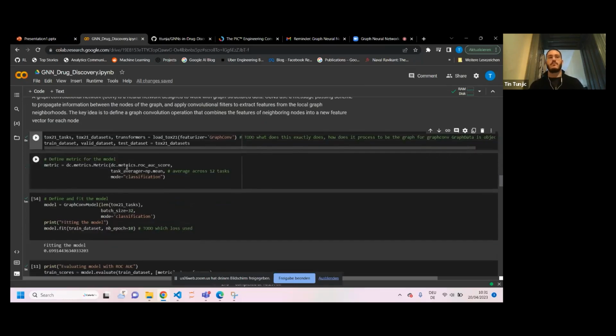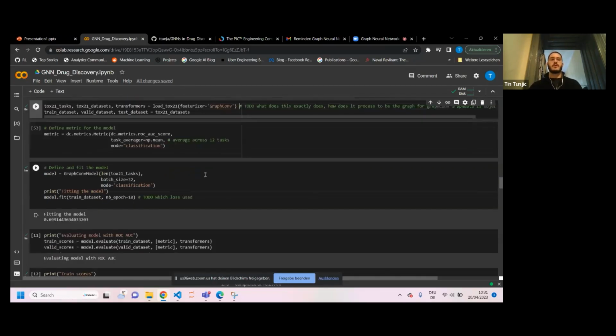Of course, the metric is the same as before, the ROC-AUC score, and this task averager is also the same, it's the default. It averages across 12 tasks, and the mode is classification, multitask classification. Also, the batch size is 32. We have 12 possible tasks, so n_tasks is 12. And we just fit this GraphConv model, which is an extension of a TensorFlow graph convolutional model.